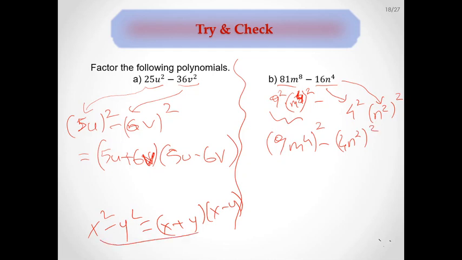Okay, now by using this formula, we can match x with 9m to the 4th and y with 4n squared. We can write the factoring as this.